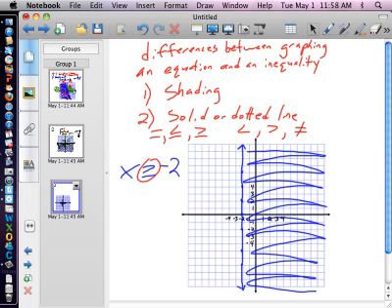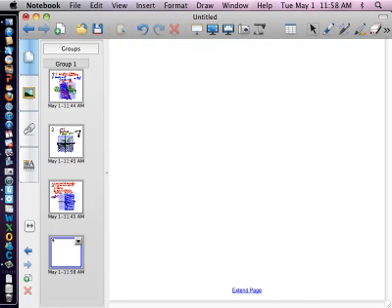For your homework, I would like you to do problem 1. Let me write these down. Problem 1 is y is greater than or equal to 4.